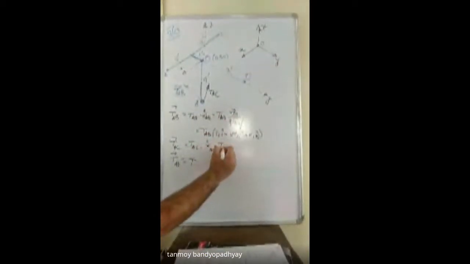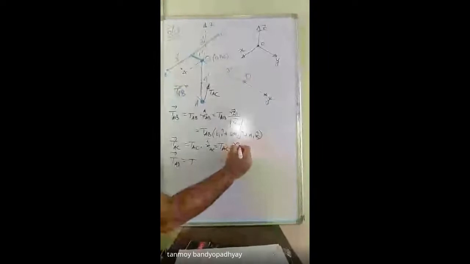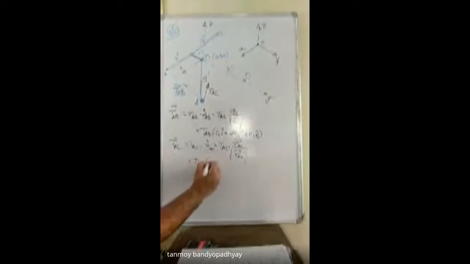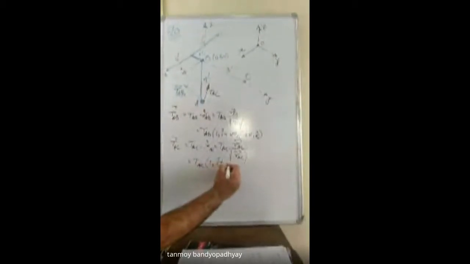So that is TAC into RAC vector divided by magnitude of RAC vector. So whatever are the direction cosines for the direction AC, that you have to calculate. So this will be TAC into L2 I cap plus M2 J cap plus N2 K cap.